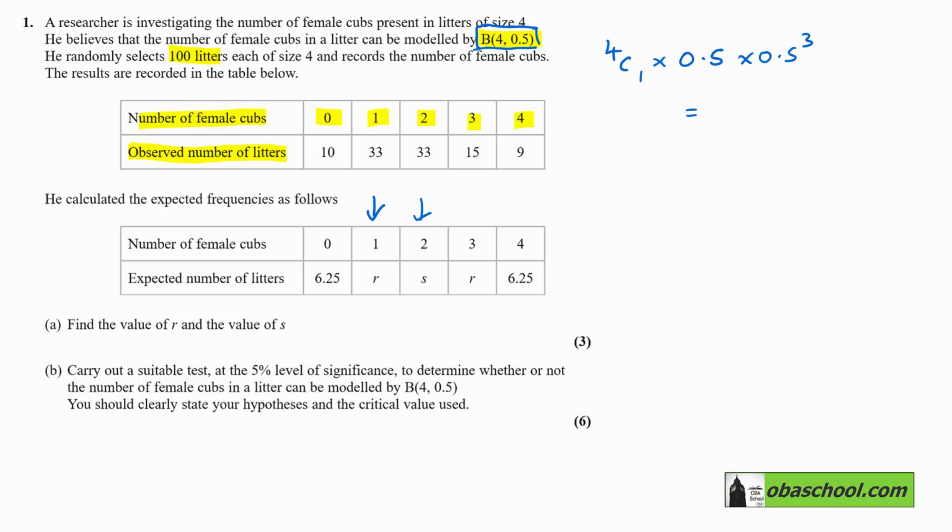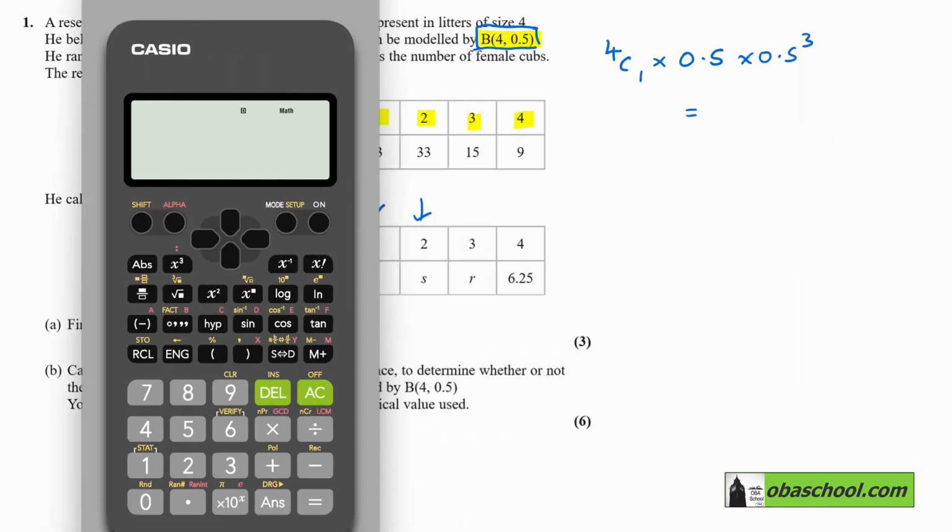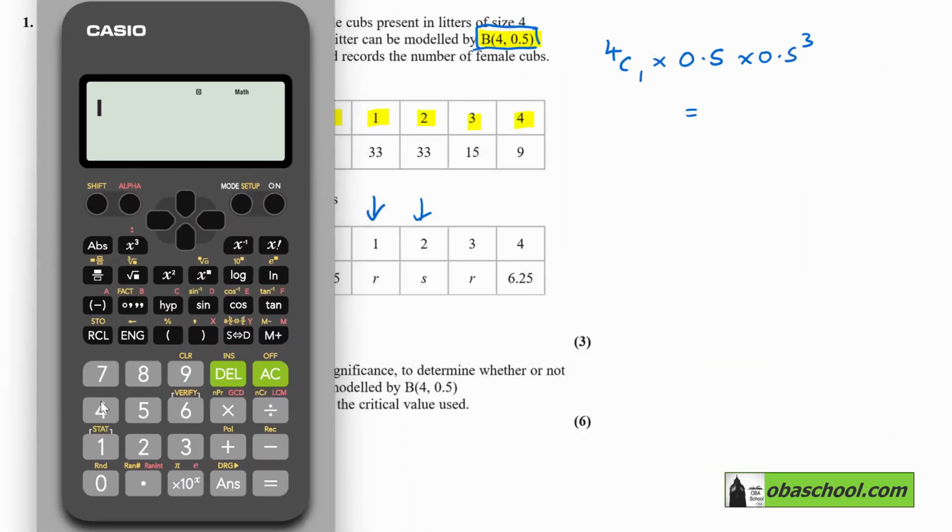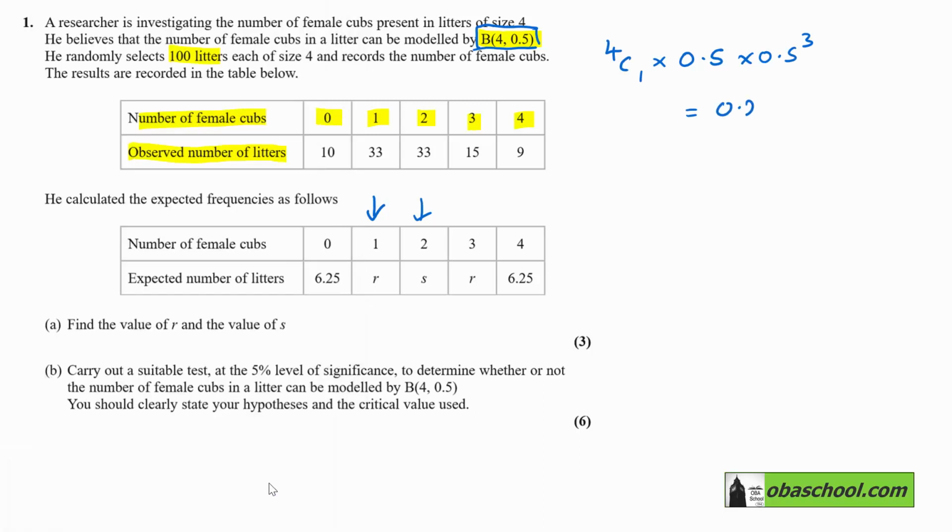And if you work that one out, I'll just do that on my scientific. So we have 4 choose 1 times 0.5 to the power 4. You'll see that that is 0.25.